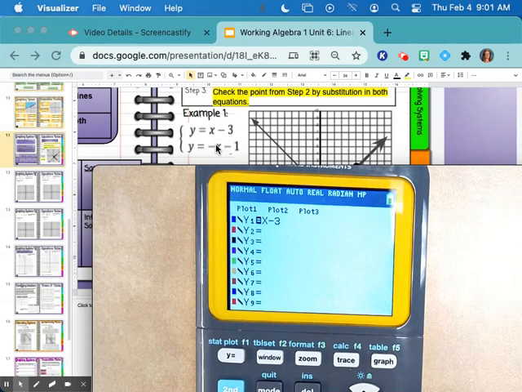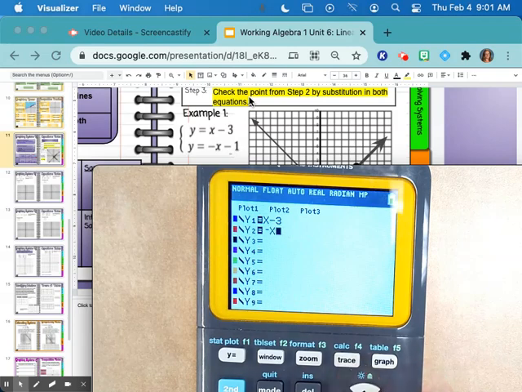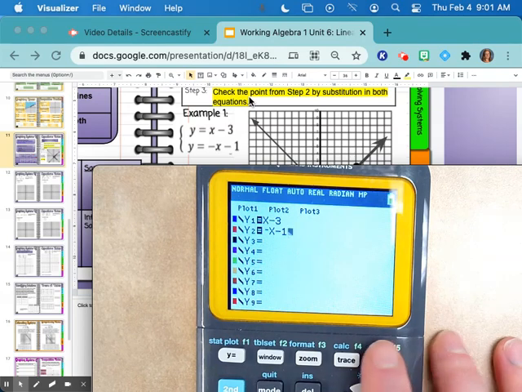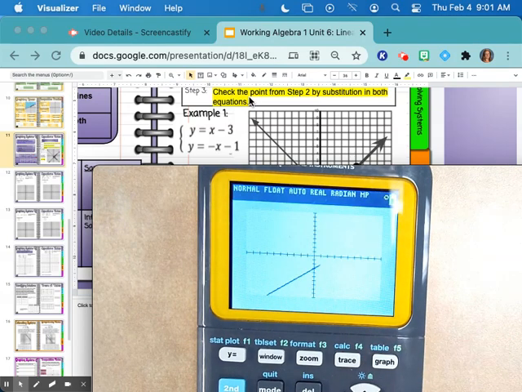x minus 3 for the first equation. Negative x minus 1 for the second equation. Hit graph. Looks the same, right? Yep.